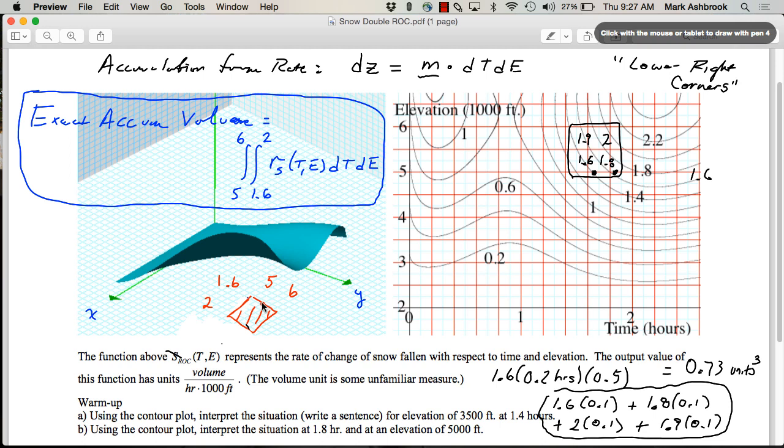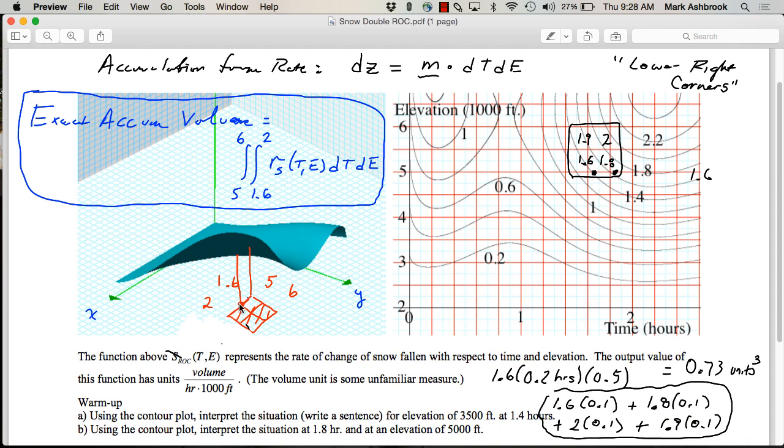So I came over here and we chopped it up into 4 pieces. And when we did this, 1.6 times 0.1, 1.8, we were really finding these volumes of rectangular columns. I'll just draw one of them, or else it'll be a total mess. We used the lower right corner. Where's the lower right corner for this first one?